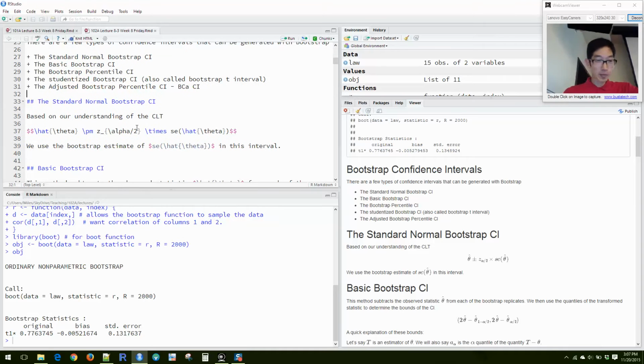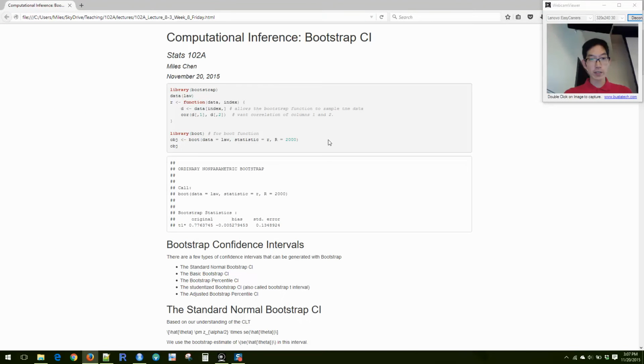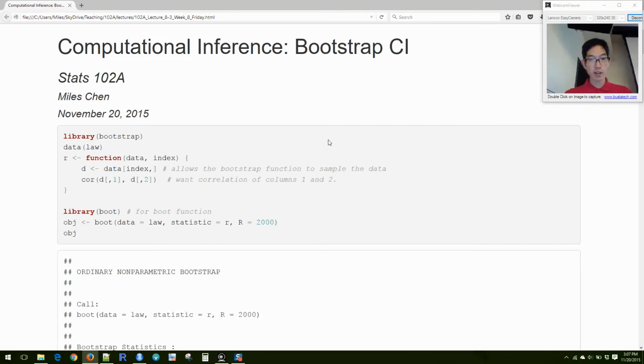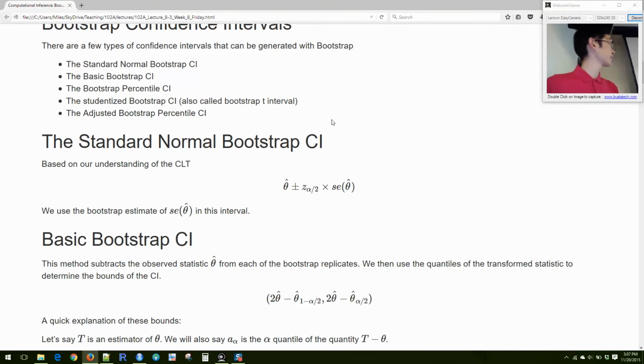Okay. So the standard normal here. Let me open this up in Firefox here. Okay, so the standard normal Bootstrap confidence interval looks just like a regular old confidence interval. So if you were to make a confidence interval for the population mean based on a sample mean, it would look something like this, right?